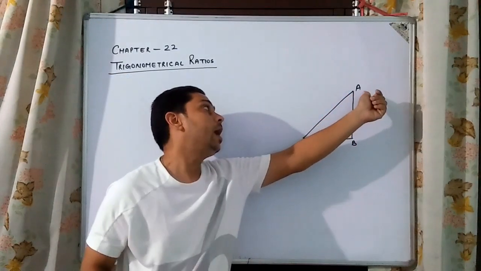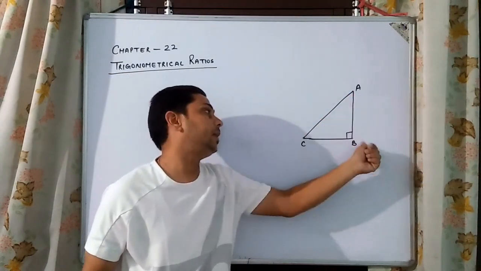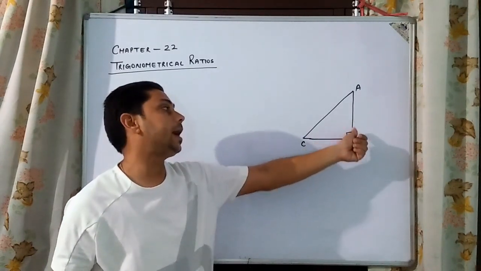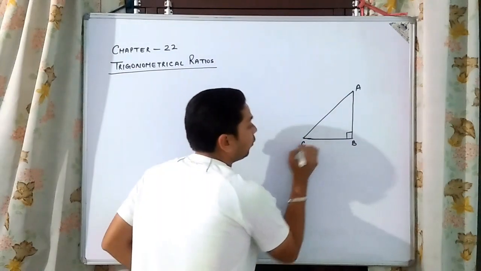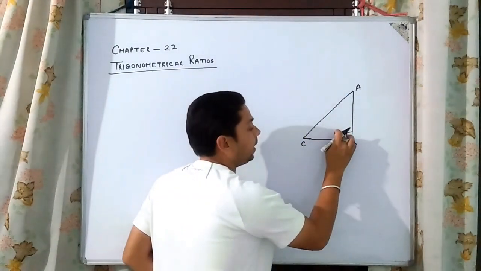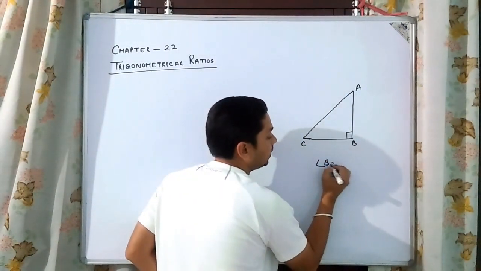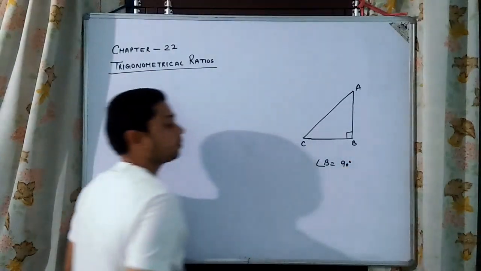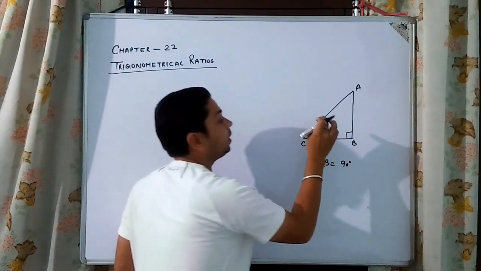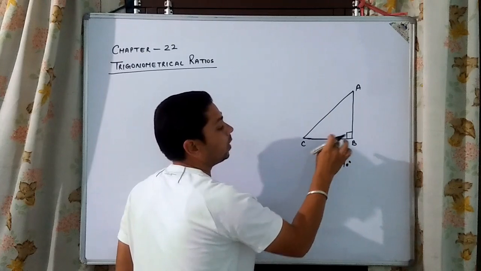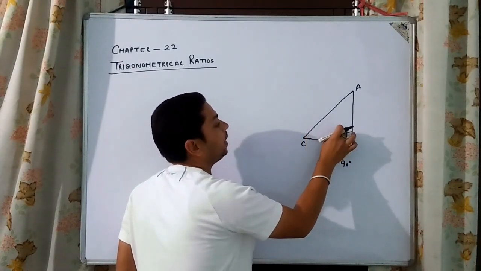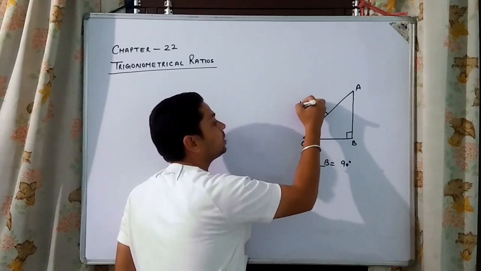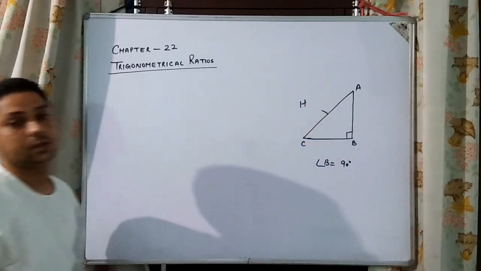So here we have right angle triangle ABC, which is right angle at B. So we have to understand a few terms here. Angle B is 90 degree here. Now, one thing you have to understand here, that the side opposite to your 90 degree is the longest side, known as your hypotenuse.